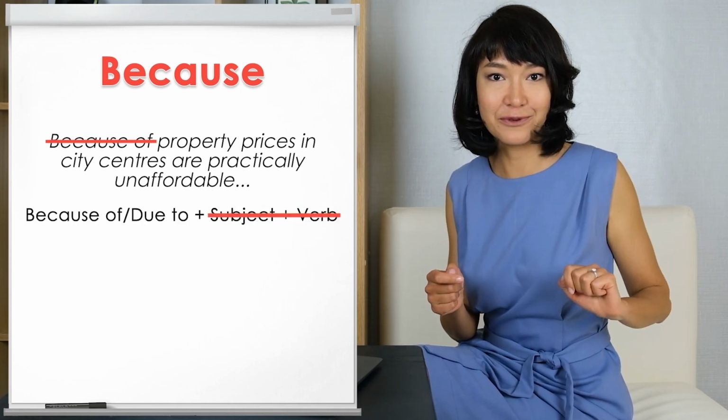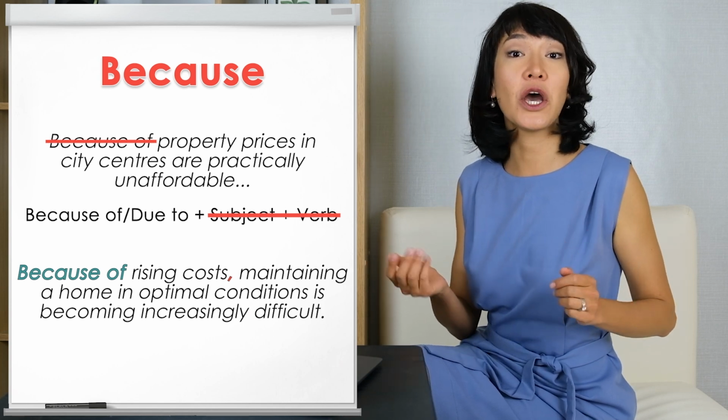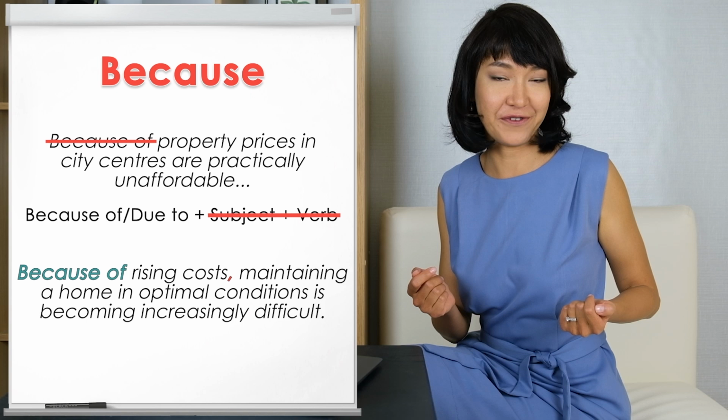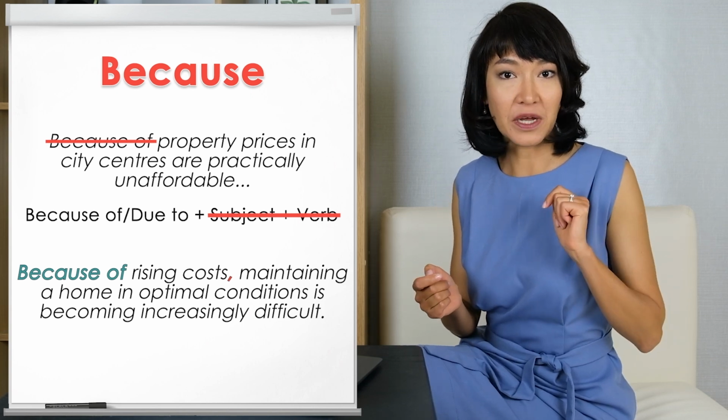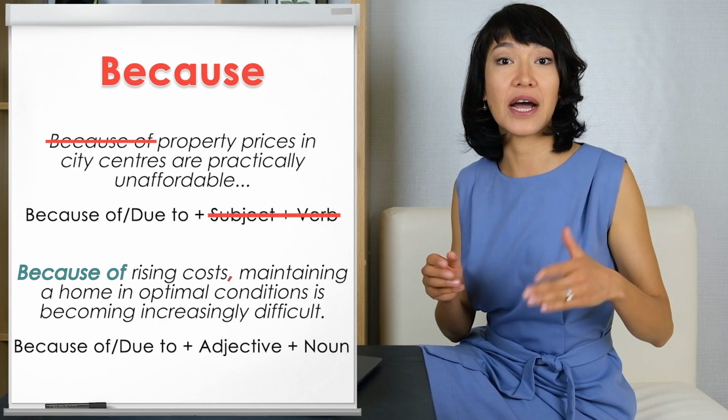Look at this example. Because of rising costs, maintaining a home in optimal conditions is becoming increasingly difficult. Before the comma, no verb, just an adjective and a noun, rising costs. IELTS examiners will look at your uses of linking words very carefully when they read your essays.